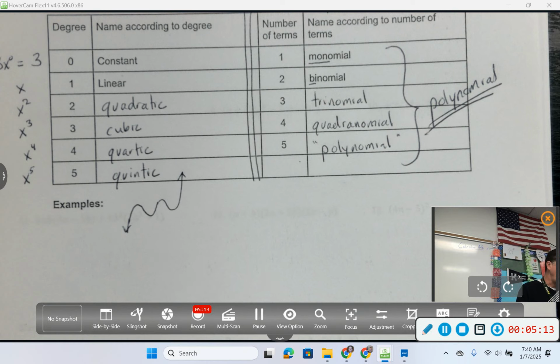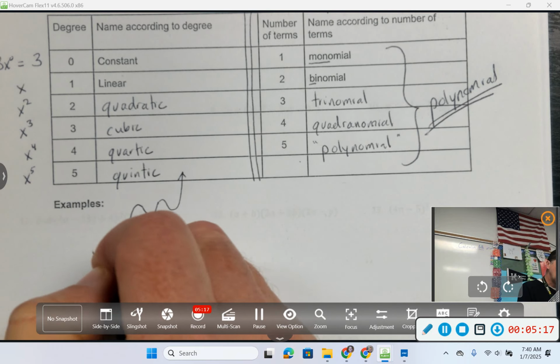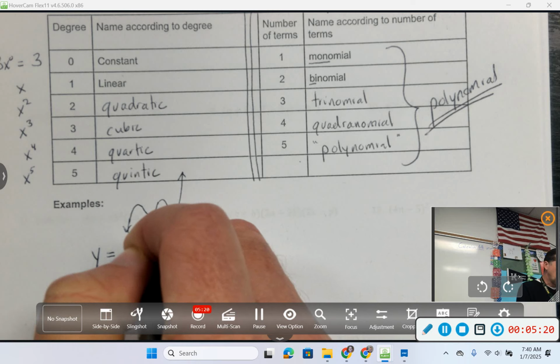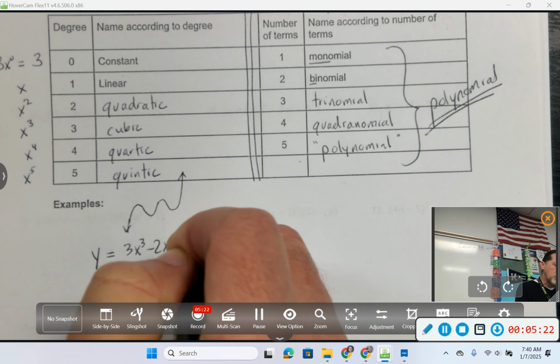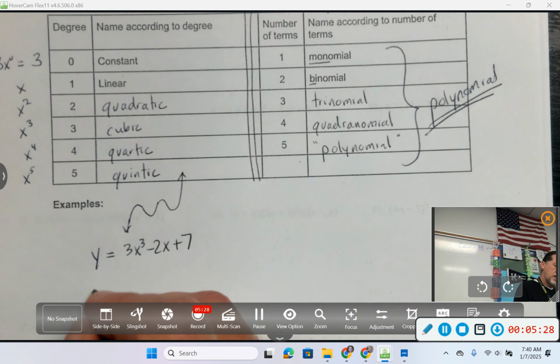So some examples of polynomials. Y equals 3x cubed minus 2x plus 7. Right, that's a polynomial. That's a trinomial. That would be a cubic trinomial. Yeah, that's correct.